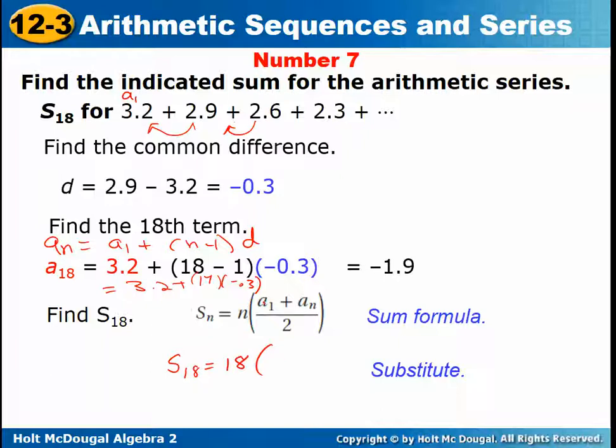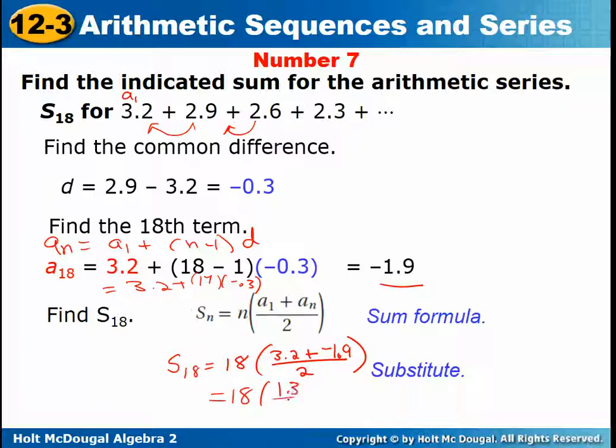A sub 1 is 3.2. A sub n is a sub 18, which we just found is negative 1.9. And we have to divide all of that by 2. So I got my calculator out, and I take 3.2 minus 1.9, and that is 1.3.